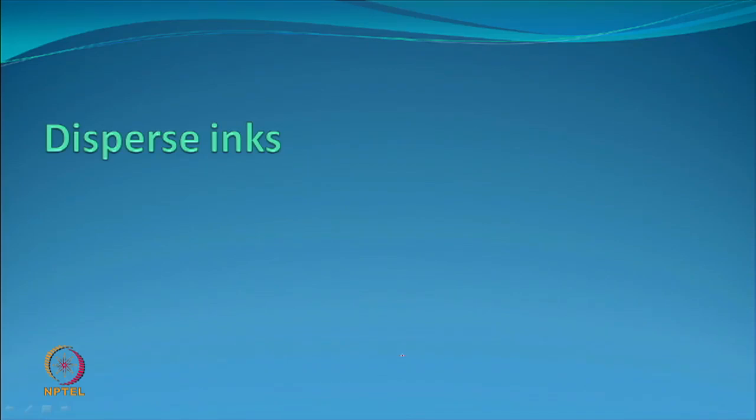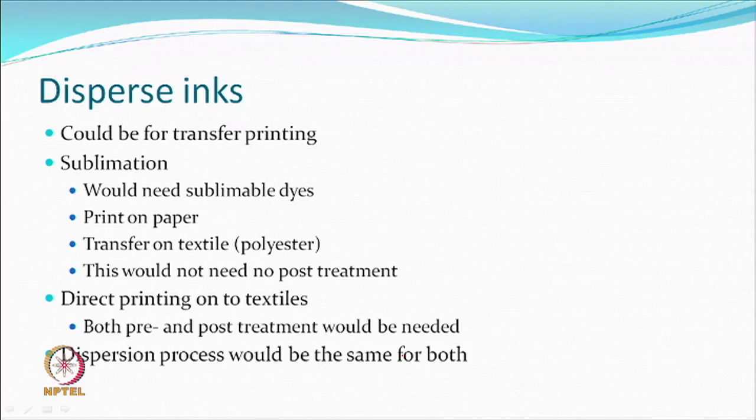So, we look at the dispersed inks. The dispersed inks are similar to pigment, except that they do have some solubility and they can dye as dyes or print as dyes. These dispersed dye inks, as you learned from the other day visitor, could be used for transfer printing.